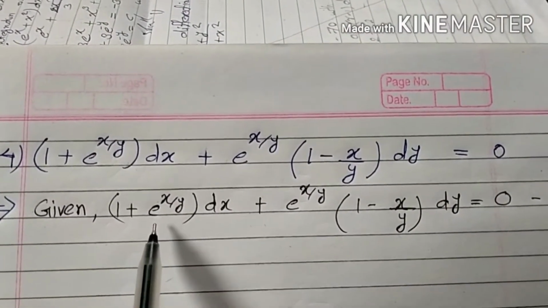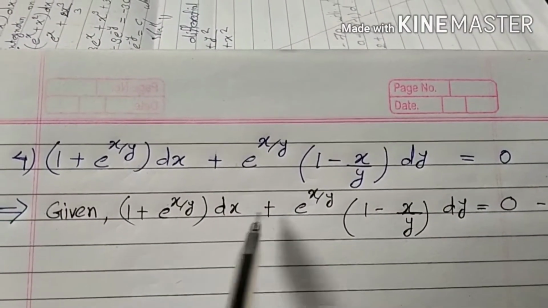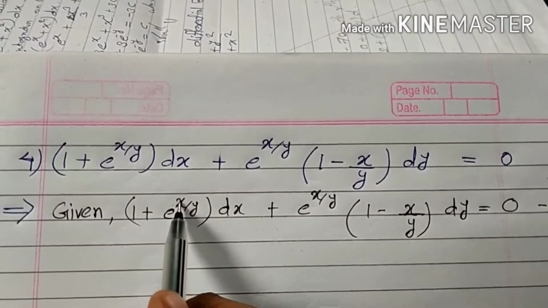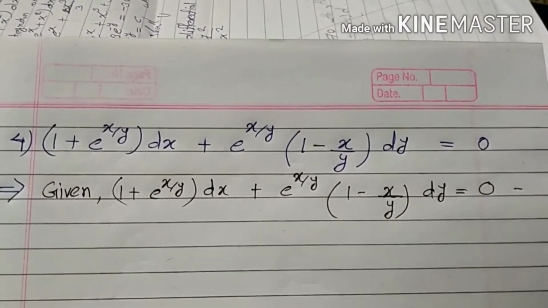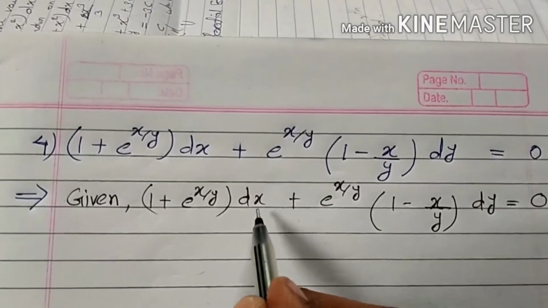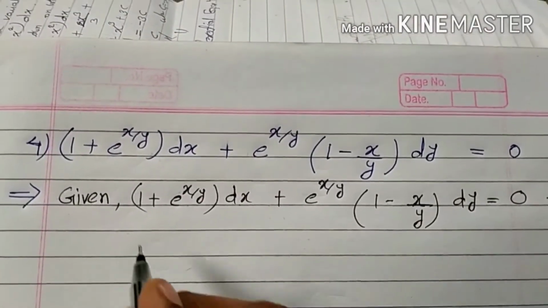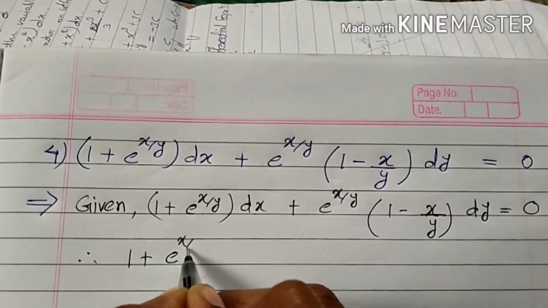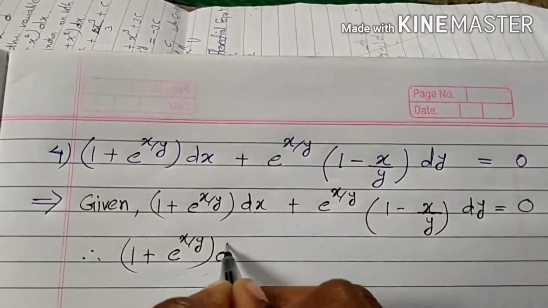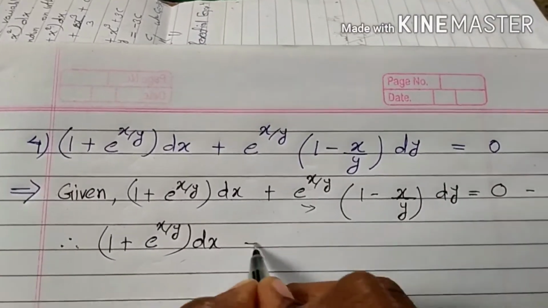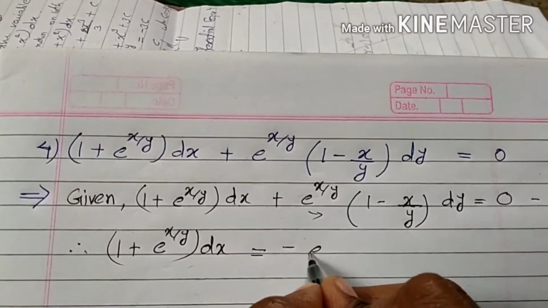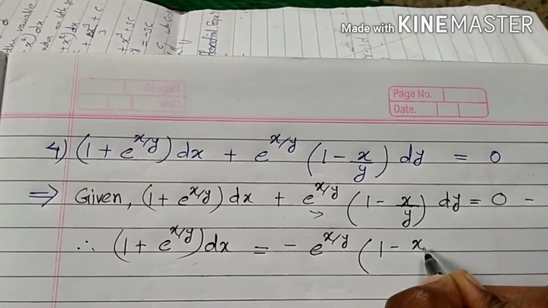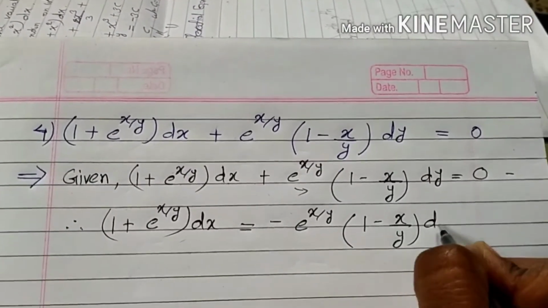Now here you can observe that this is a term in x upon y. So here you have to take dx upon dy. So therefore this term is as it is, and this term goes to the RHS side. So it is minus e raised to x upon y into (1 minus x upon y) dy.